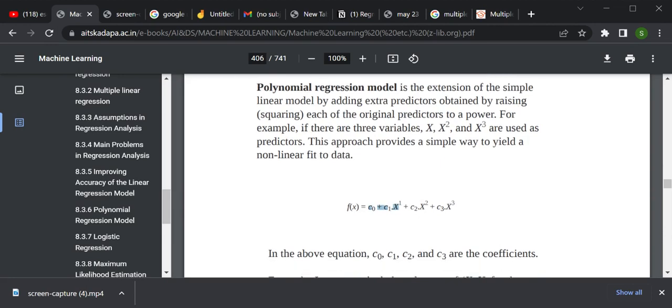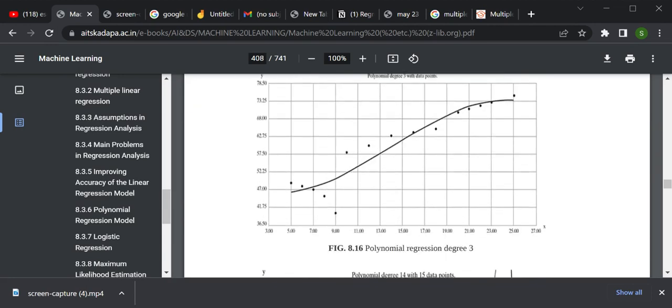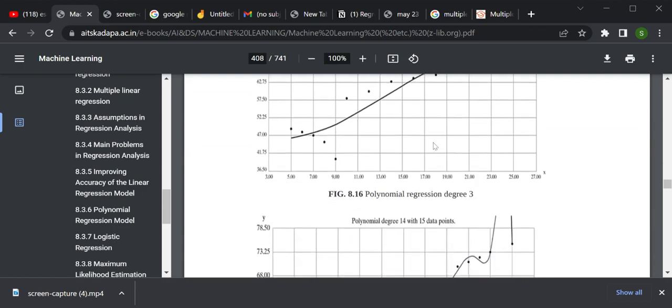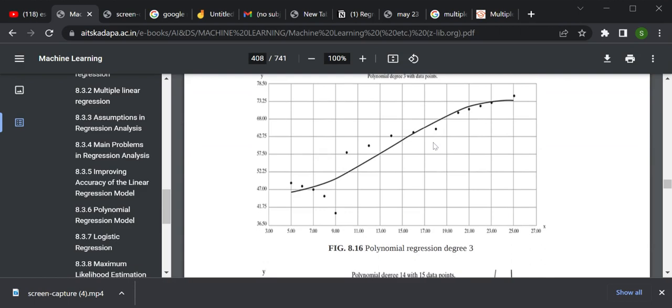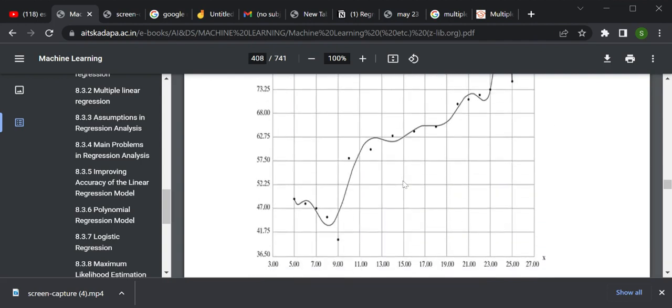This is what it takes to find the regression of this polynomial. This is what the polynomial regression is meant to find. It is a curve, not a linear line, so it is called polynomial regression.